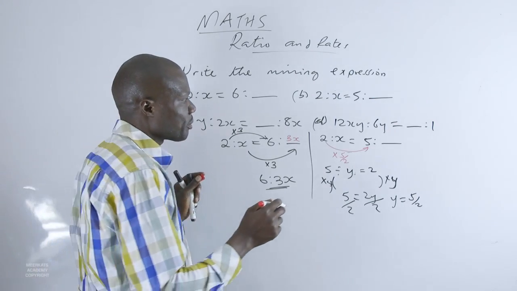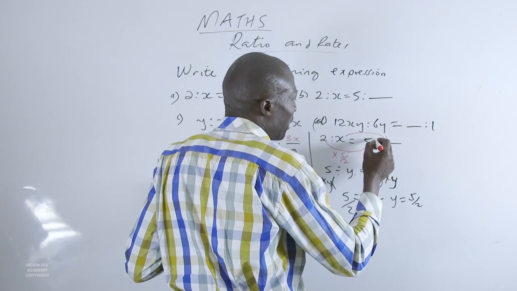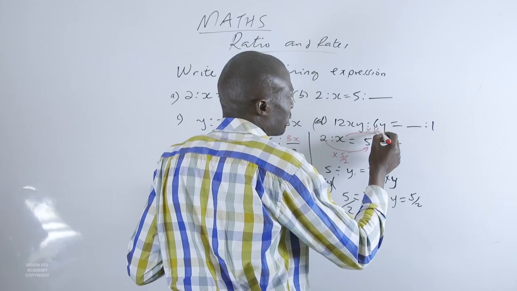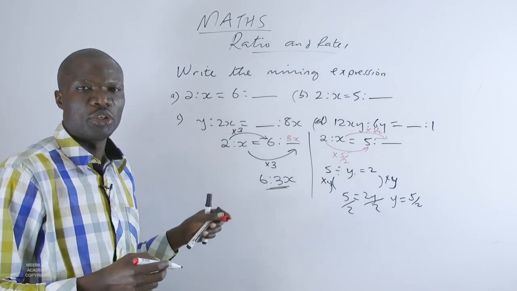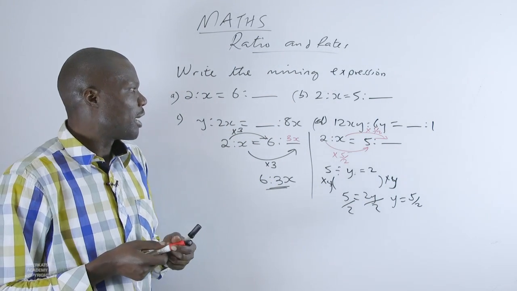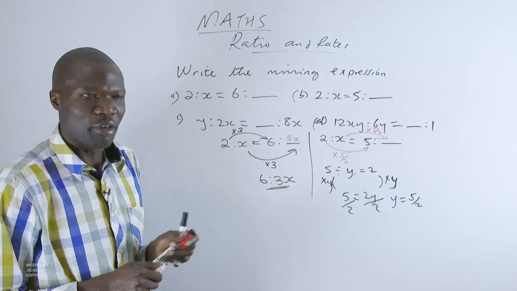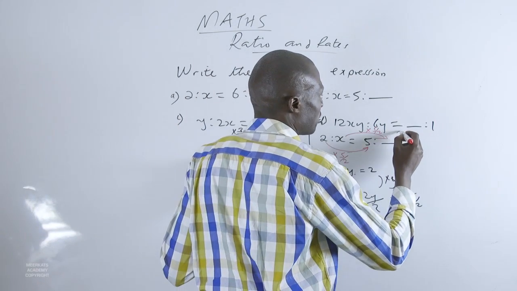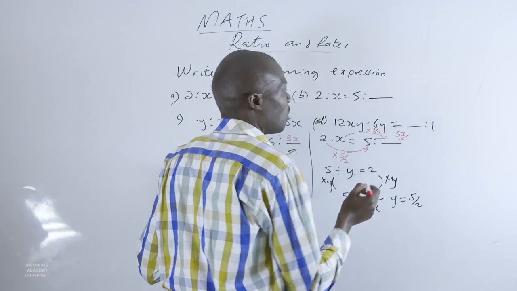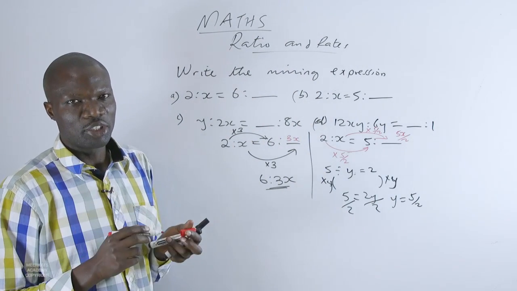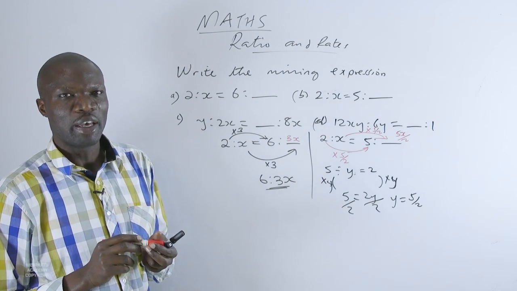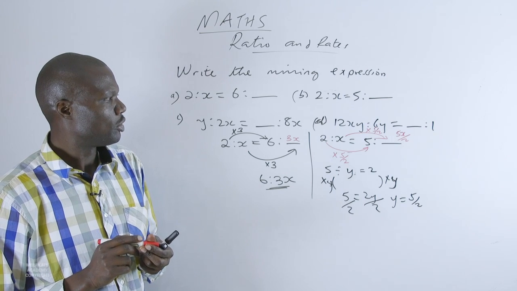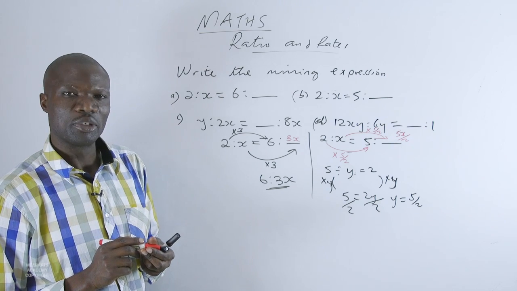So that is what we are going to multiply. Take the same and multiply by x, so that you get x times 5 over 2 gives us 5x over 2. Right?